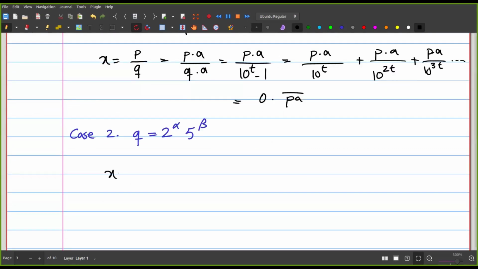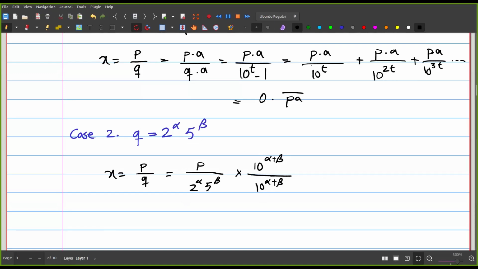Again, remember that my X is P over Q, so it's P over 2 to the power of alpha times 5 to the power of beta. Let me multiply this by 10 to the power of alpha plus beta over 10 to the power of alpha plus beta.